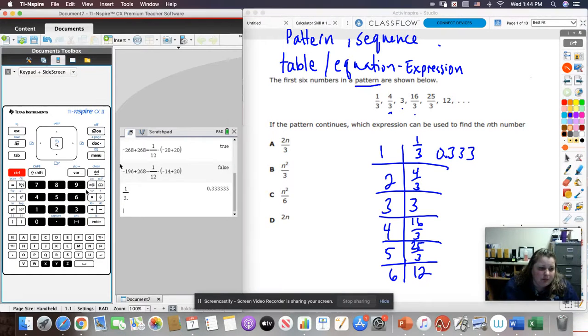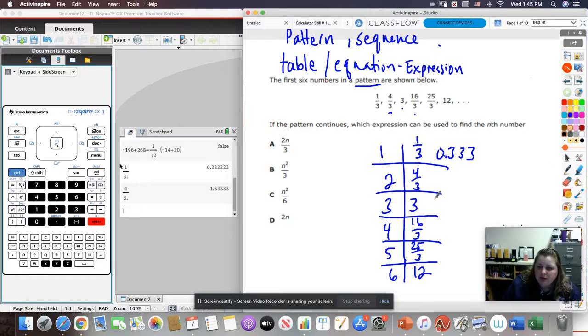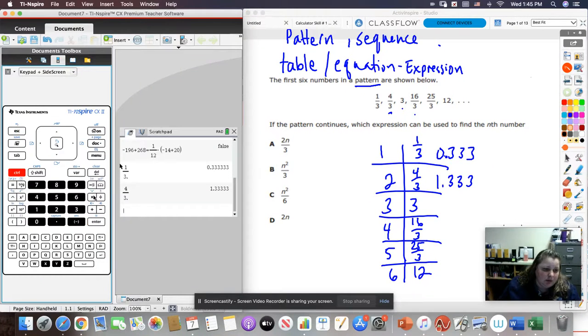Then I can go over here, do the next one, control divide, 4 divided by 3, and then again hit that decimal point, and it gives me the decimal, 1.3333. Now you can also use mental math. 3 goes into 4 one time, that's where the 1 came from. There's a remainder of 1, so there's 1/3 left over, so that's where the 0.333 comes from. Control divide, 16 divided by 3, enter.